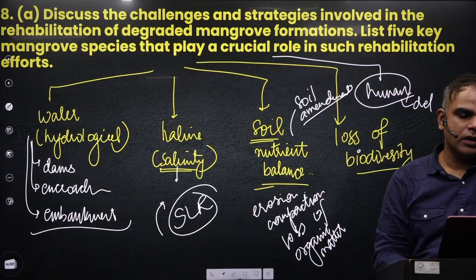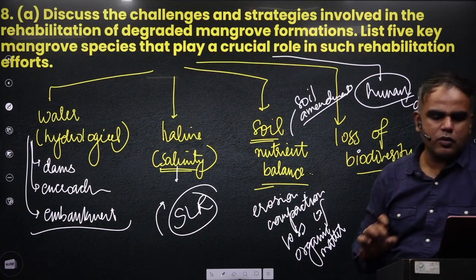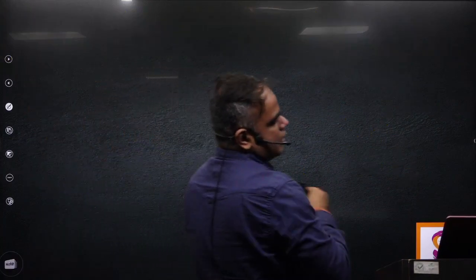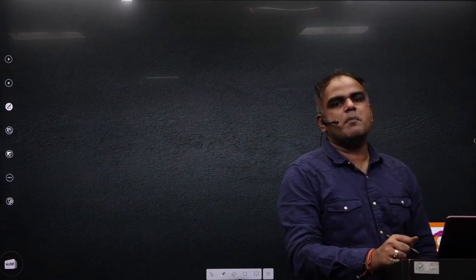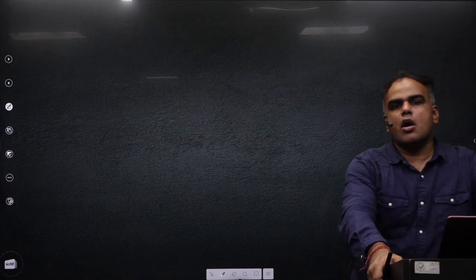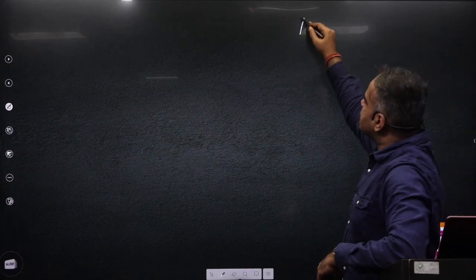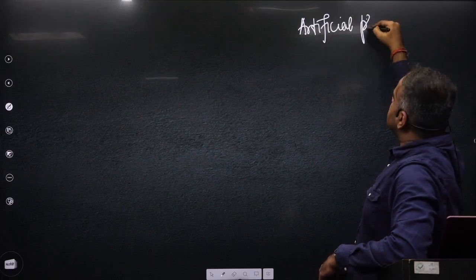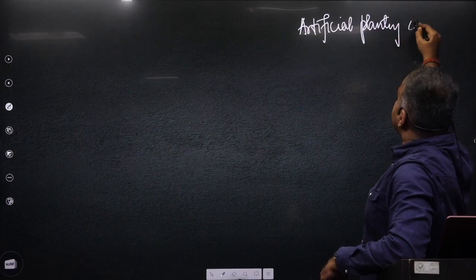Now I'll give you a couple more specific points so that you can write these parts. One point can be planting of certain species. Artificial planting of mangrove seedlings is important. Again, this is a part of your strategies.